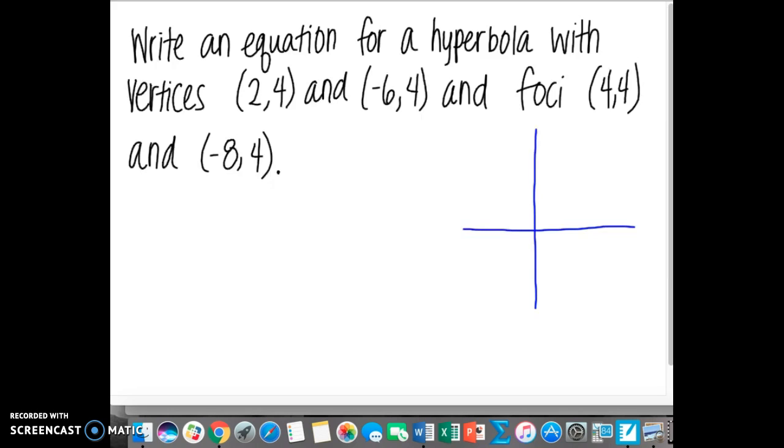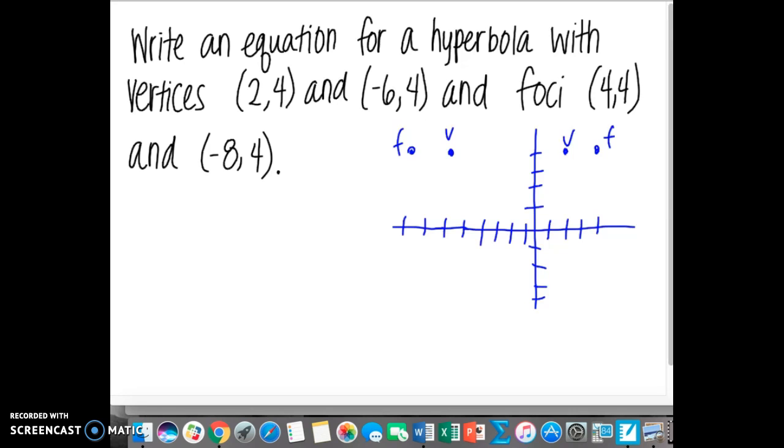So I have vertices at 2, 4 and -6, 4, and focus points at 4, 4 and -8, 4. Label those with V's and F's so we can tell the difference.